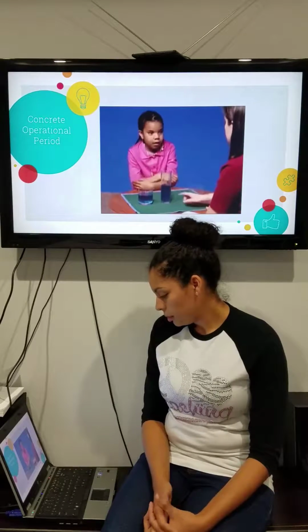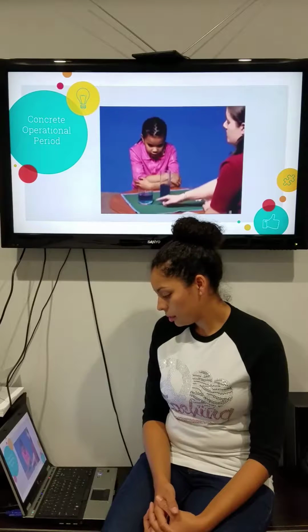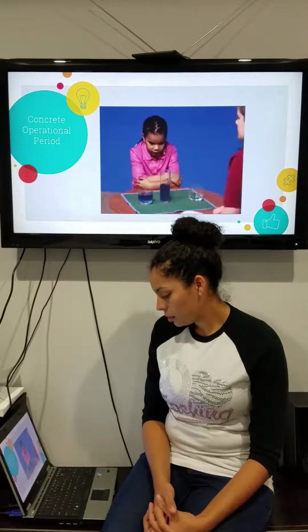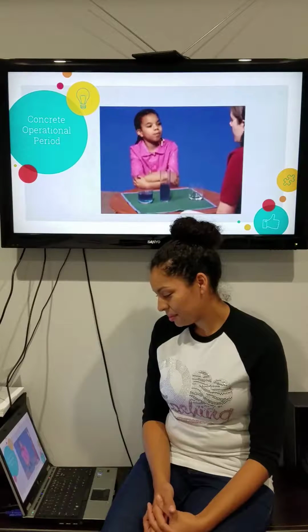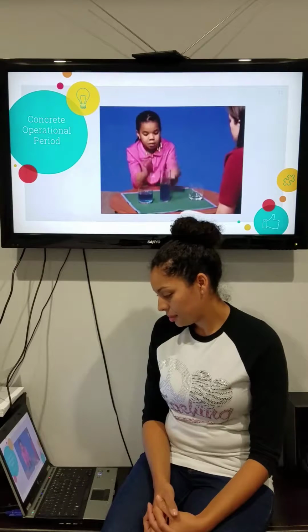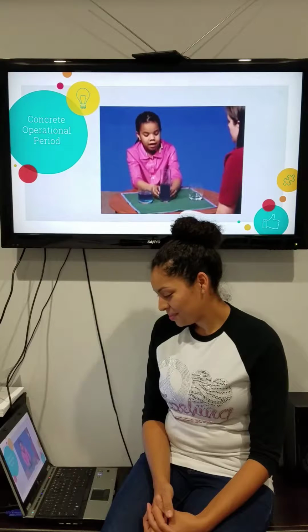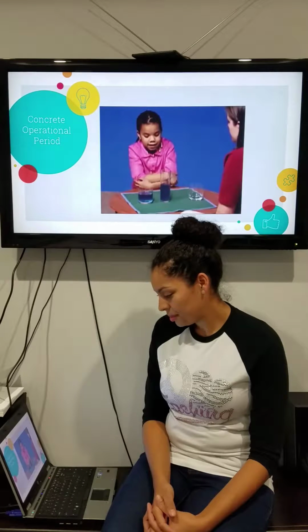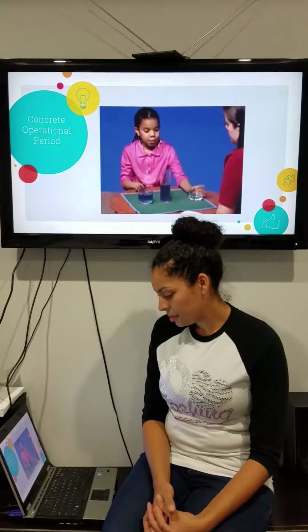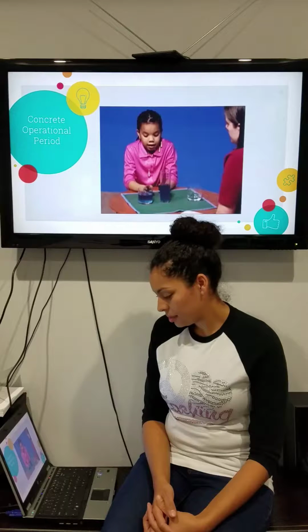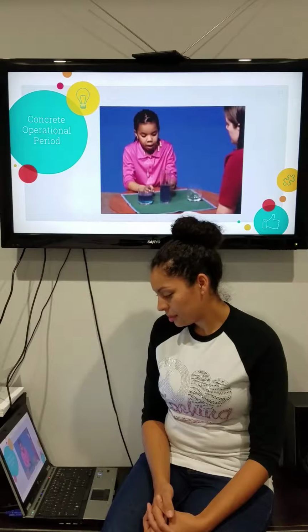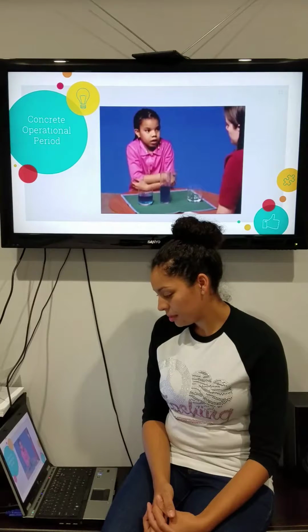So do you think that there's more juice in this glass, more juice in this glass, or do you think that they have the same amount? Same amount. Okay, why do you think that they have the same amount? Just because this is skinny doesn't mean it's not the same amount. It has the same amount of juice in it, but this one is just wider and this one's skinnier, but they have the same amount of juice in it.